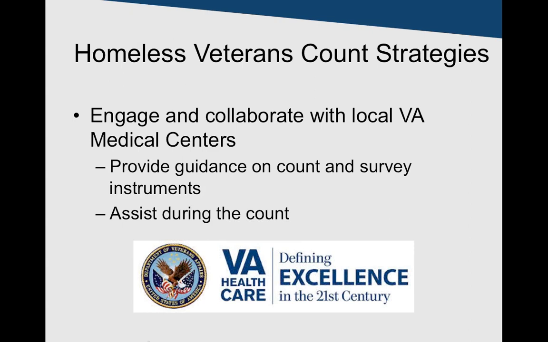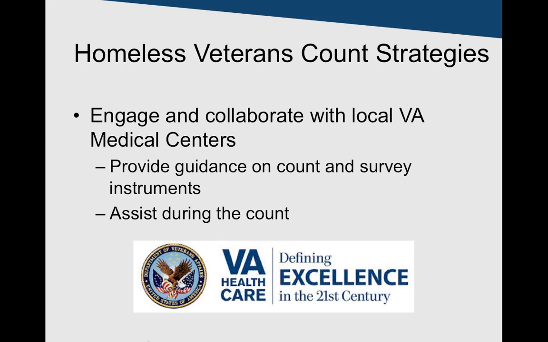And VA medical centers and VA vet centers can have homeless coordinators and outreach workers who regularly interact with veterans, including homeless veterans. These staff are knowledgeable about the locations where unsheltered homeless veterans live, sleep, and congregate, and can identify these places that must be included in the unsheltered count. They can also be helpful in providing guidance on count and survey instruments.